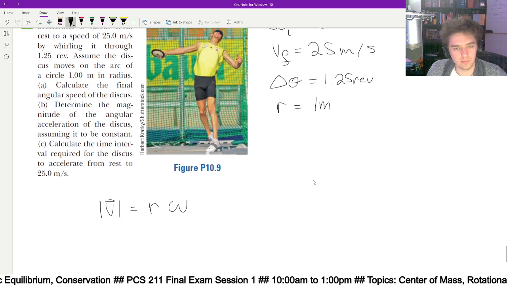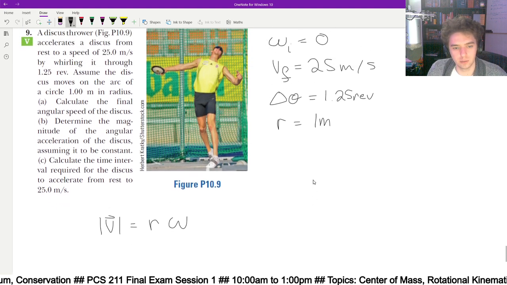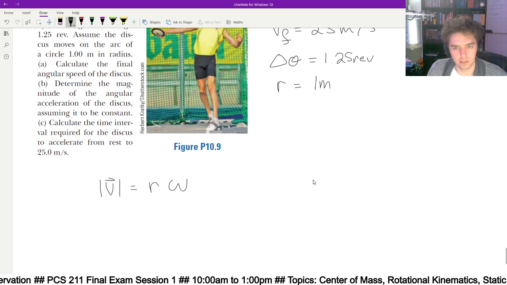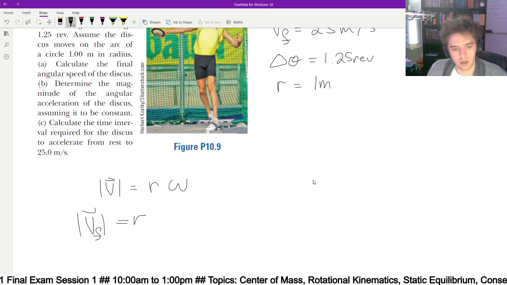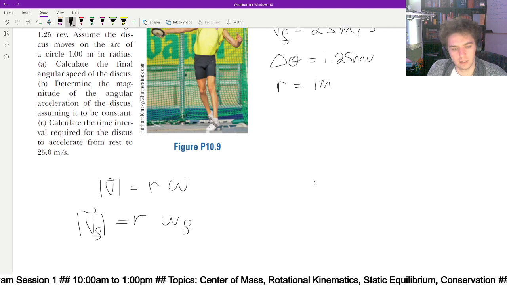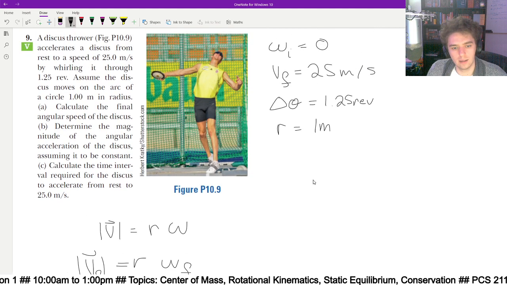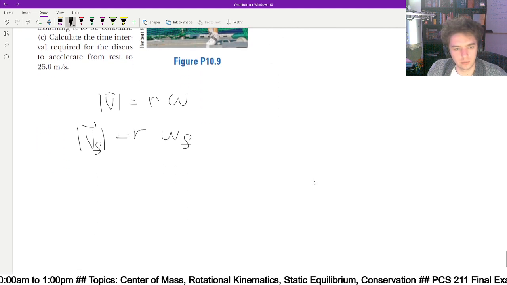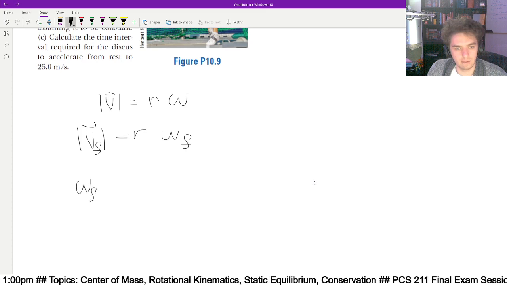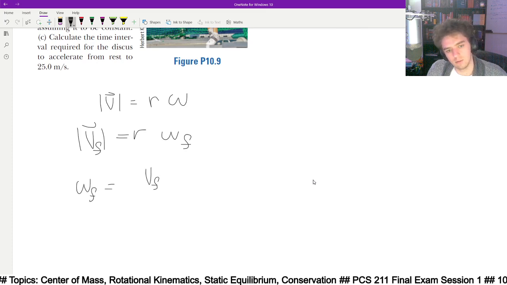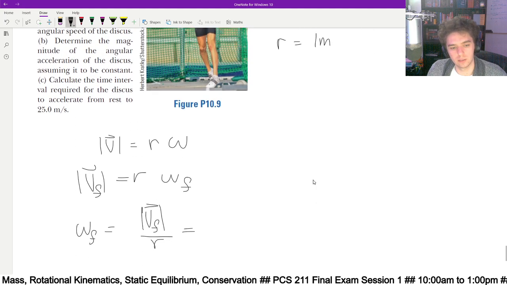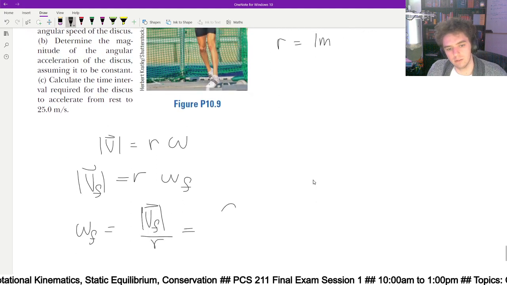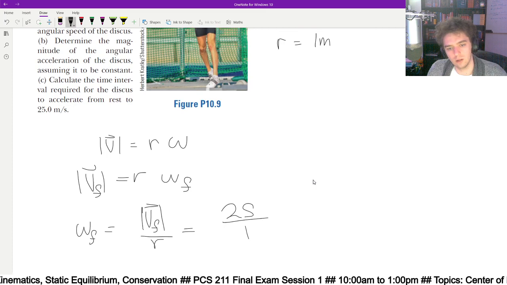So let's use this. The magnitude of v, so we're looking for the omega f here. So the magnitude of vf equals r times omega f. We're solving for that. We just rearrange, so omega f equals vf over r, which equals 25 over 1.